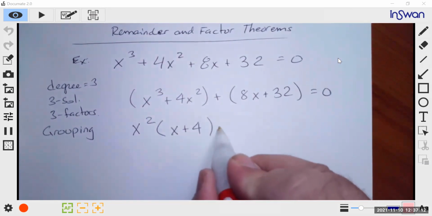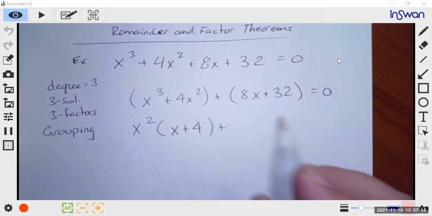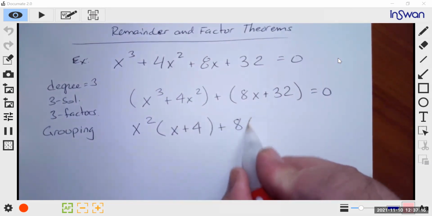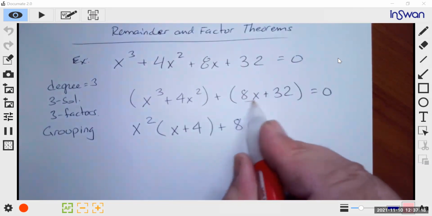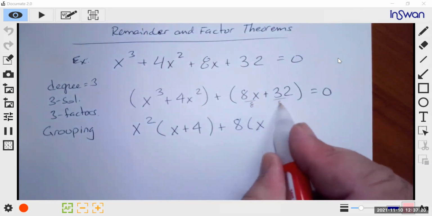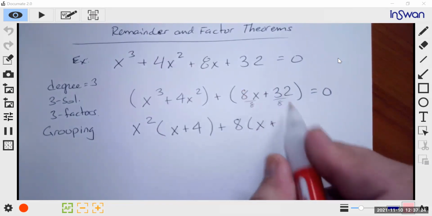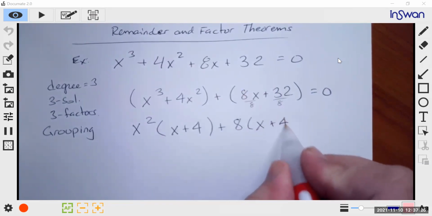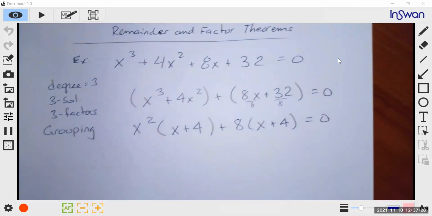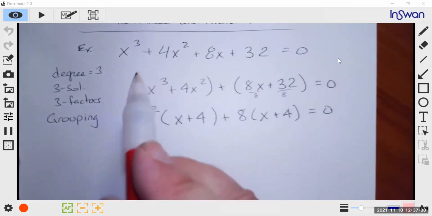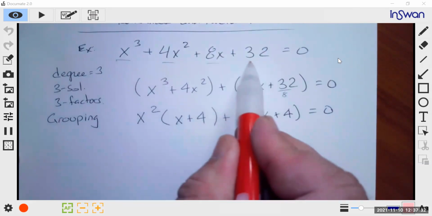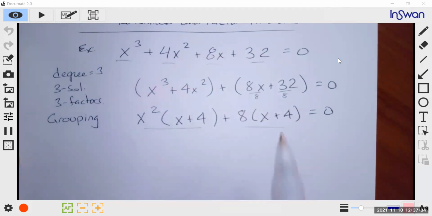Very good. How about the second set? Whenever you factor a number out, you divide that to see what was in the parentheses. So 8's cancel. 32 divided by 8 is. So we went from 4 terms down to 2 terms.